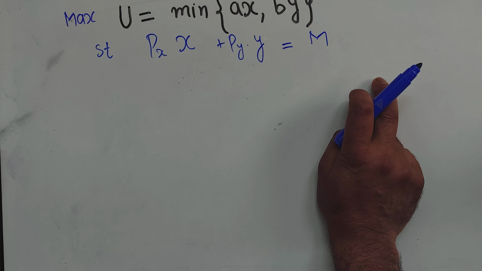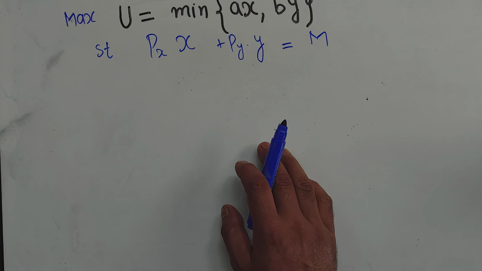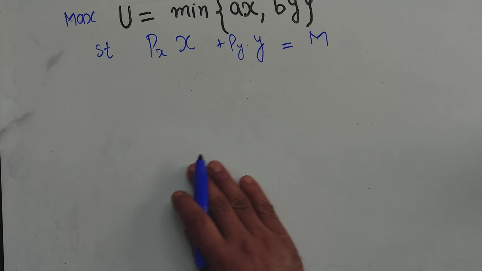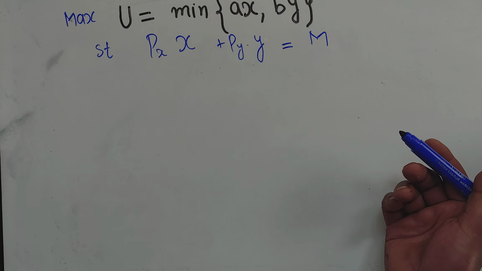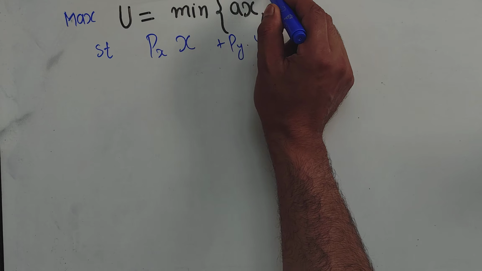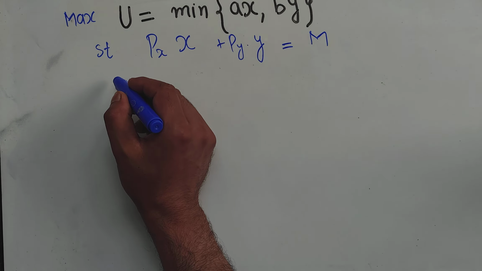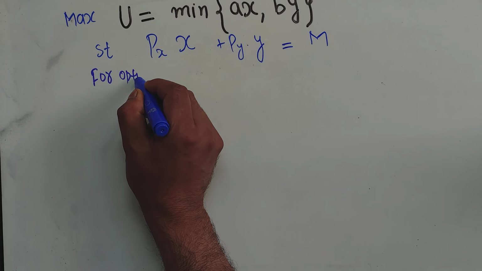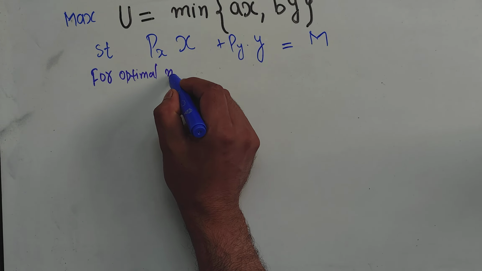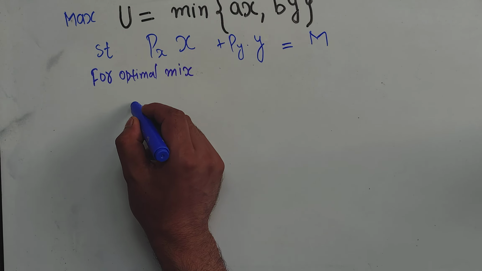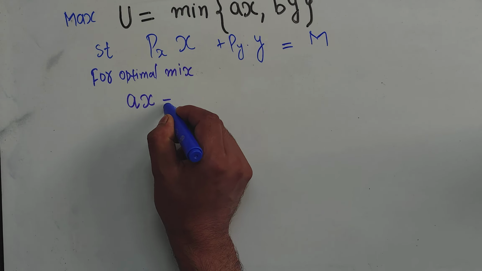In the case of this fixed proportion utility function, what does the consumer do? He buys the goods in a fixed proportion, and for equilibrium or optimal mix, he equates whatever is in the parenthesis, that is ax is equal to by.